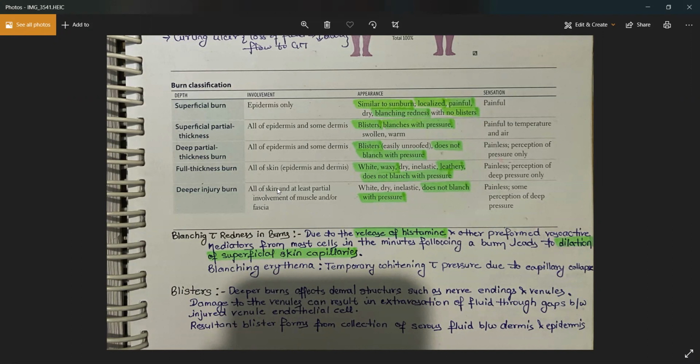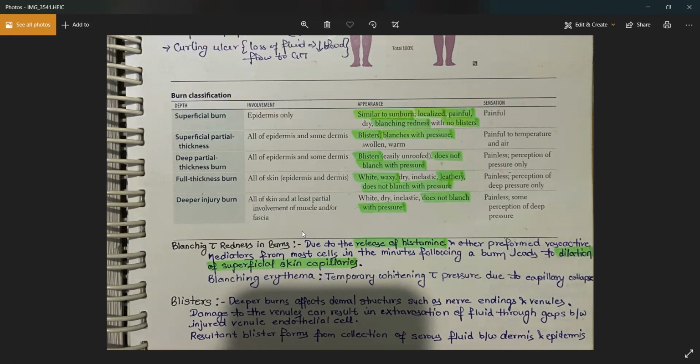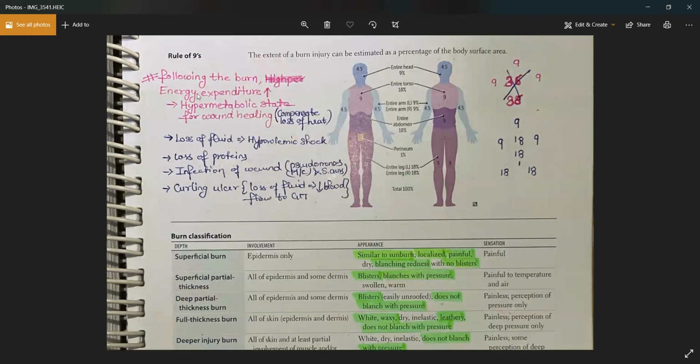Because of this loss of fluid and dehydration, the patient can also get hypovolemic shock. So the patient can get high energy expenditure because of hypothermia, loss of fluid, hypovolemic shock, loss of proteins, wound infection and Curling ulcers. These are all the complications of burns, right?